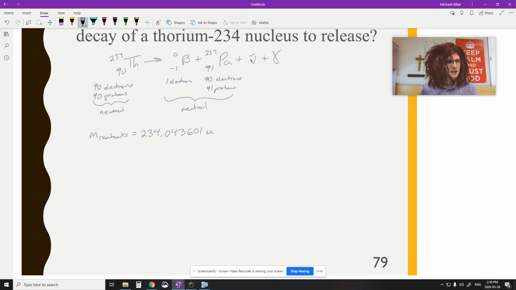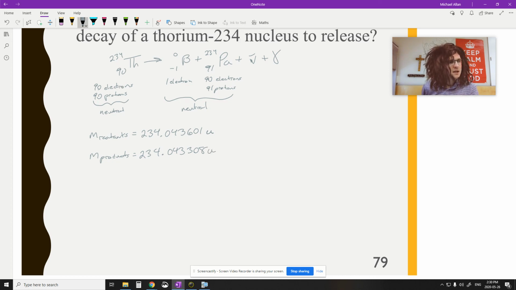And then the mass of my products would be the mass of this ion plus this one electron, which together make an atom, because now it's neutral. So I could just look at the protactinium atom number here. I'm not going to deal with adding an electron here because together they make an atom. So I'm just going to use the atom number. 308. So that's why these numbers have to be super precise, because they're relatively the same.